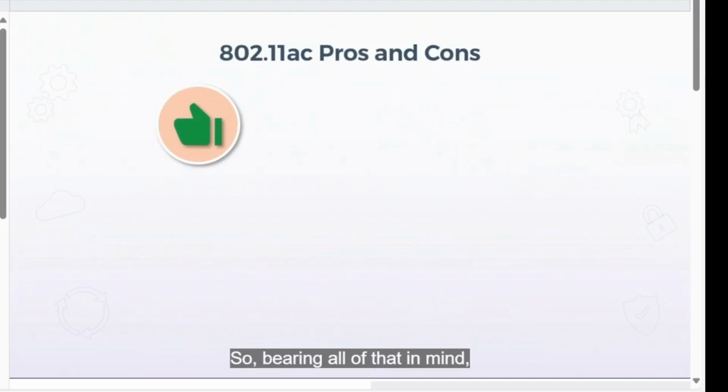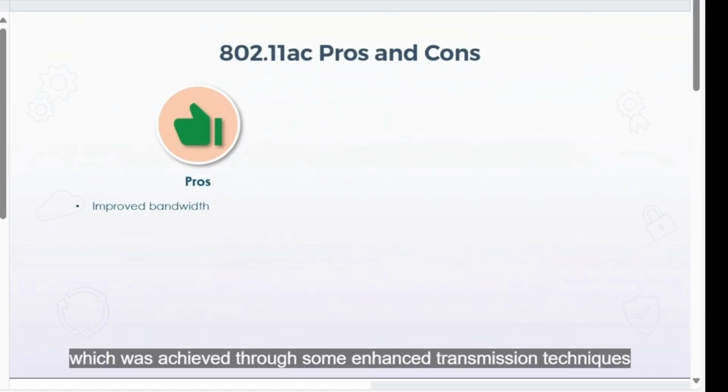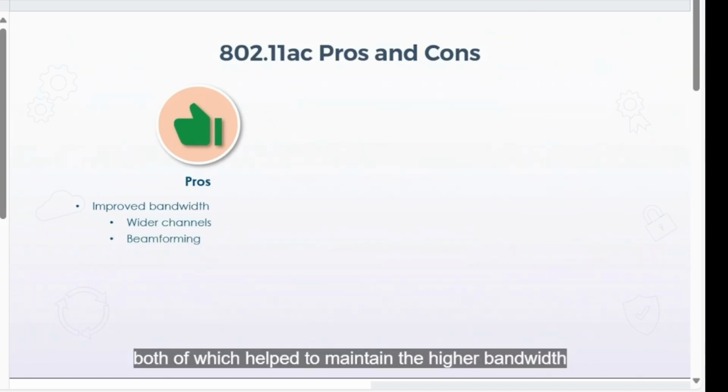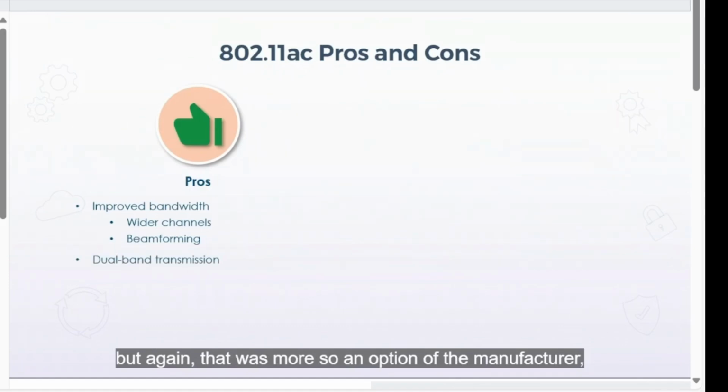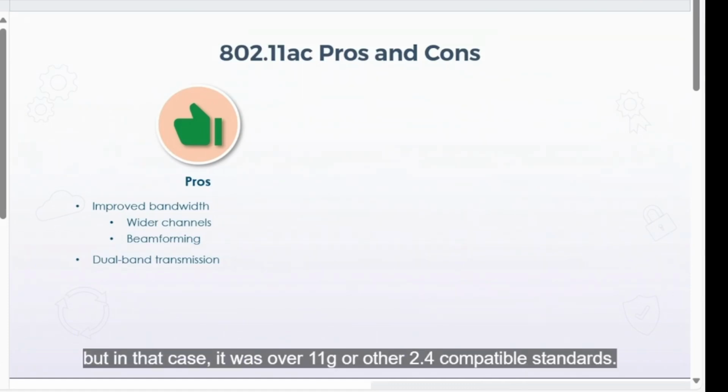So bearing all of that in mind, if we run down the pros and cons, on the plus side, the primary benefit of AC is its improved bandwidth, which was achieved through some enhanced transmission techniques such as wider channels than other methods and a process known as beamforming, which more directly focused the transmissions, both of which helped to maintain the higher bandwidth even when many devices were connected, and the dual band capabilities, but again, that was more so an option of the manufacturer, whereby anything using the 2.4 GHz band did provide for backward compatibility, but in that case it was over 11G or other 2.4 compatible standards.